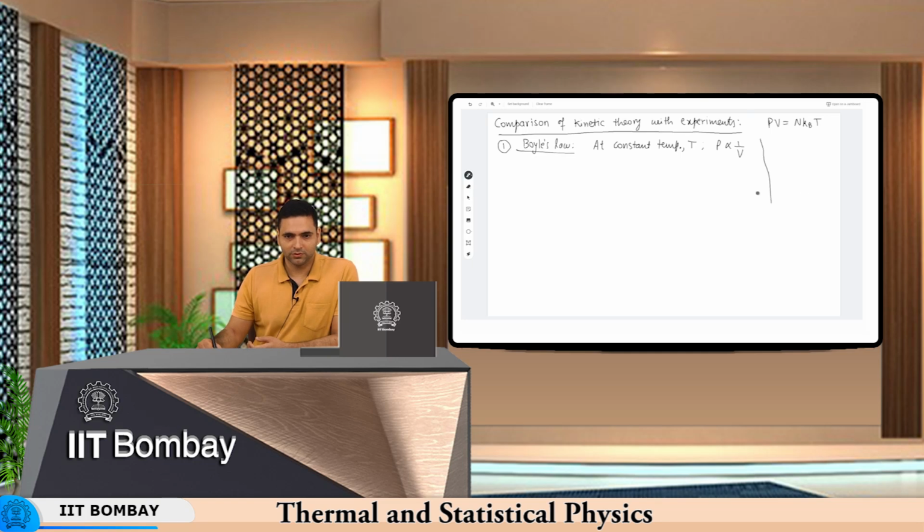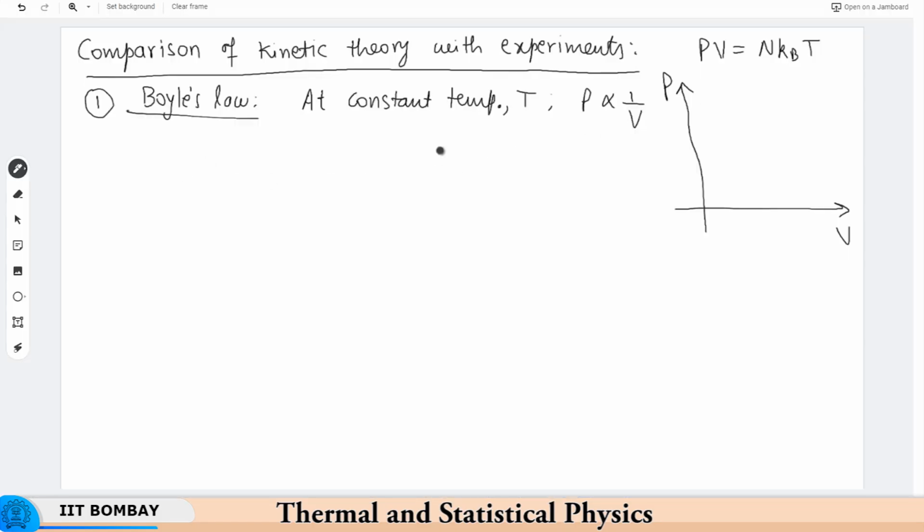People performed very controlled experiments for various gases and saw that this is true. If I plot pressure on the y axis and volume on the x axis, at a given temperature they observed that the pressure decreases with volume. As we increase the volume of the gas, the pressure goes down.